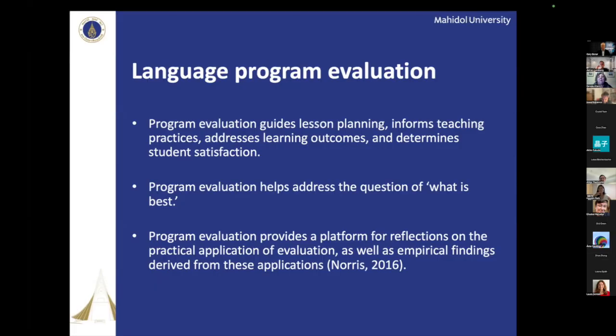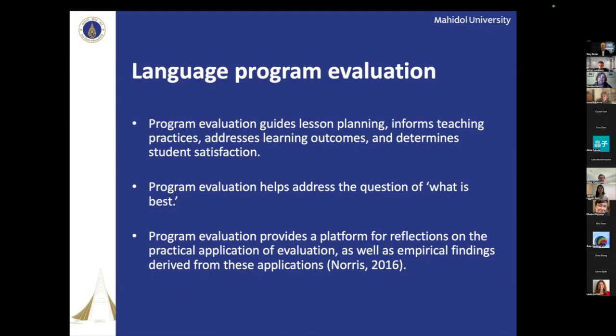And this is because we believe that program evaluation would guide us in terms of lesson planning, informing teaching practices, addressing learning outcomes, and of course identifying student satisfaction and responding to different kinds of needs.